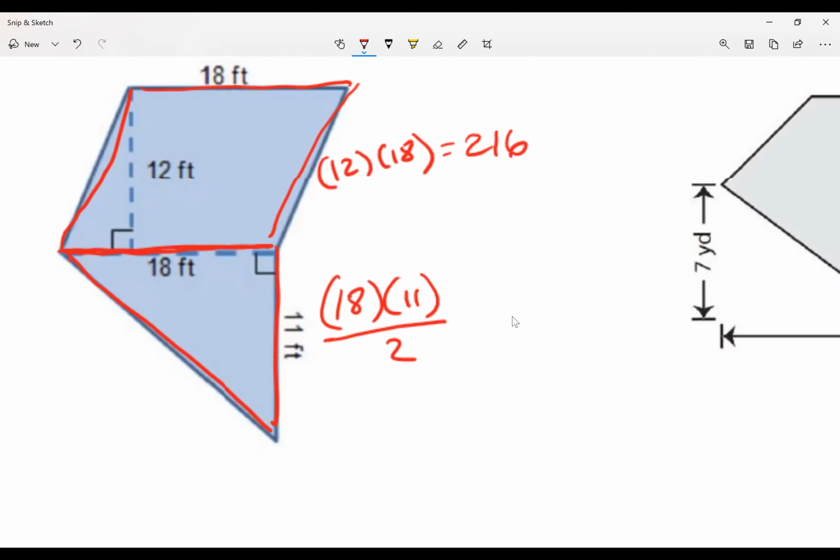Remember that a triangle is half of a rectangle, right? 18 times 11 gives me the rectangle, divided by 2 because that is a triangle. So the triangle at the bottom is 99. The parallelogram on the top is 216.